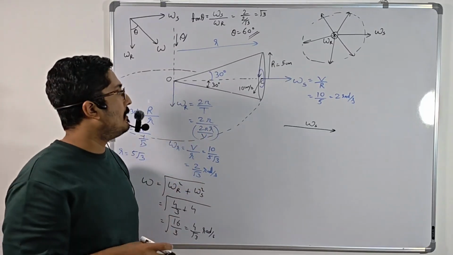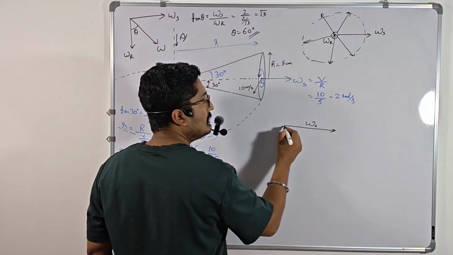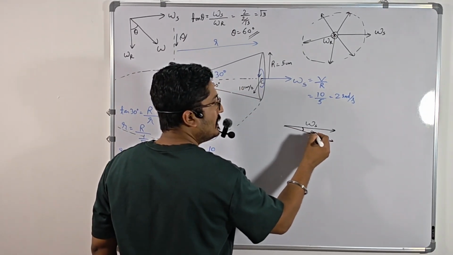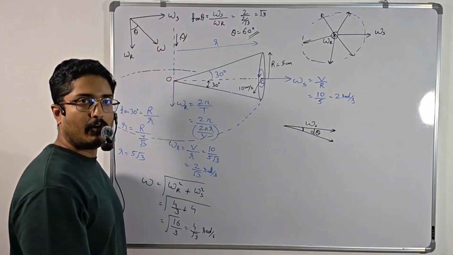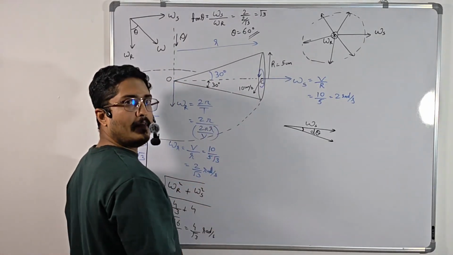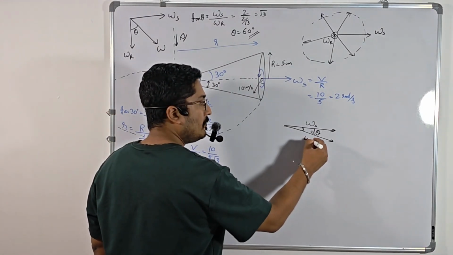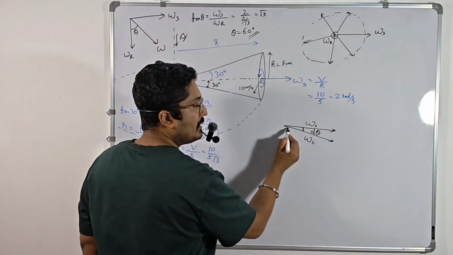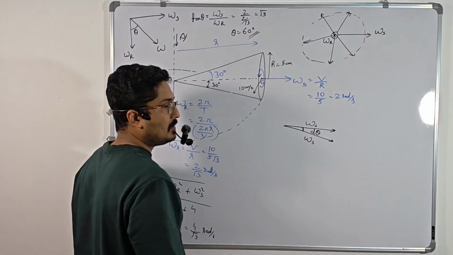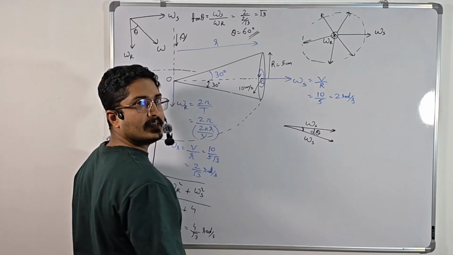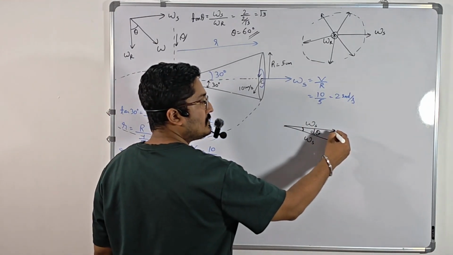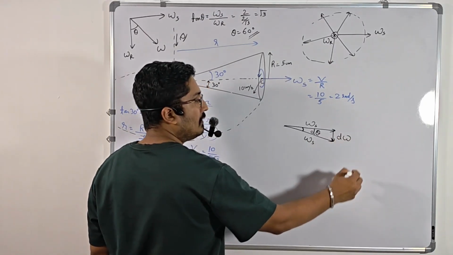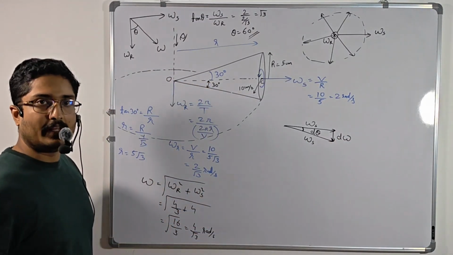Some amount of rolling has happened, and the cone has revolved by a very small angle d theta. So what is the new omega that I have? That is also the same omega s, the same in magnitude. But what about the direction? The direction has changed. So these two vectors have the same magnitude, but the direction has changed, and this can be said to be d omega, the change in omega that has happened, right?